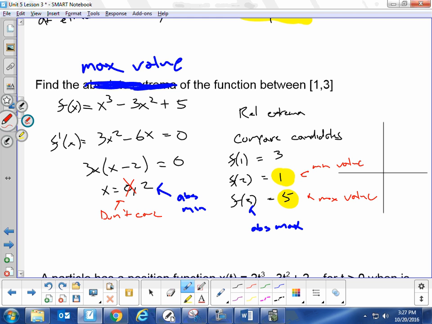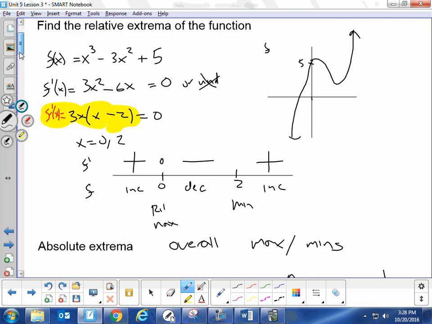Now, we also could have come to this conclusion, at least for 2, by looking at the signs of f prime around 0 and 2. We already did it up here, that was positive, negative, positive.